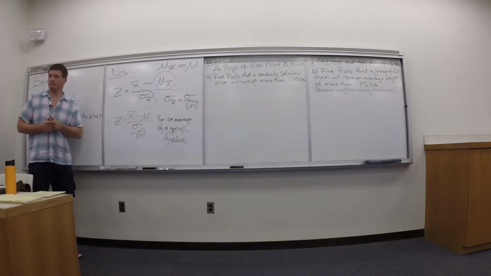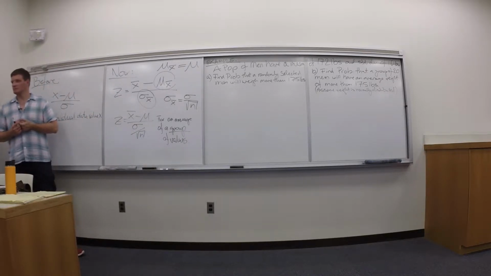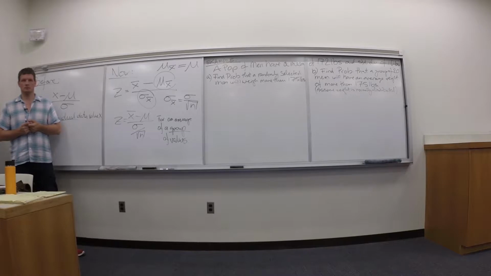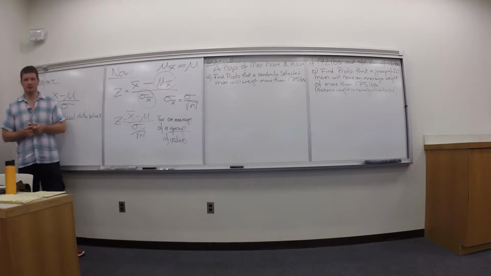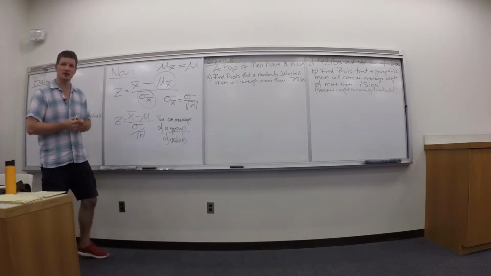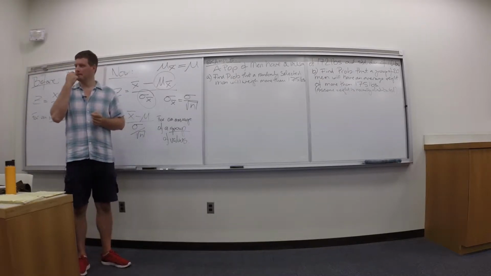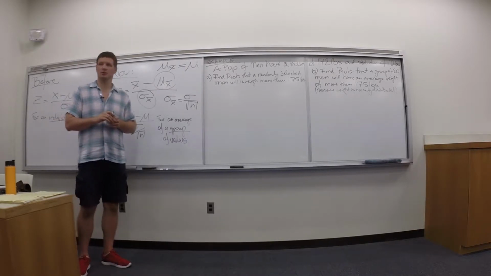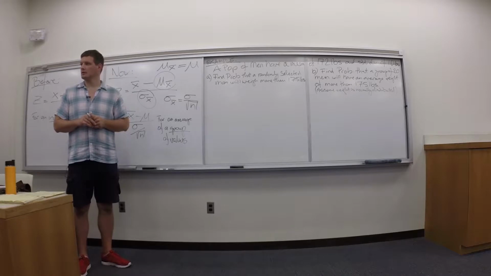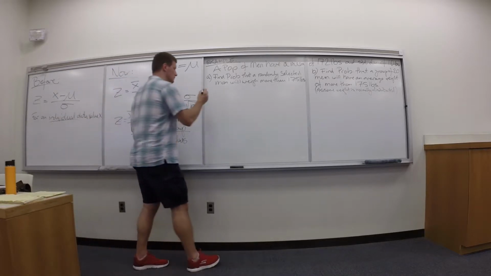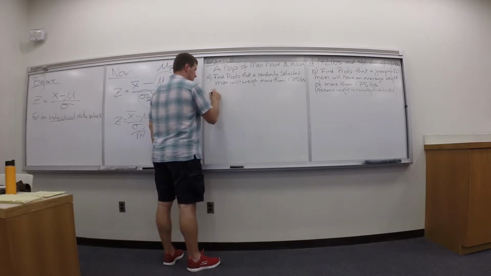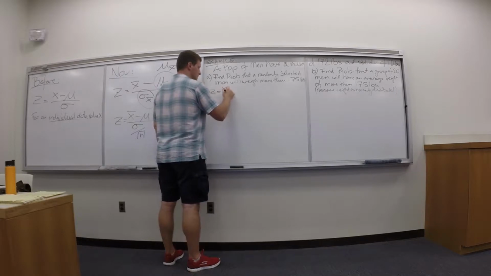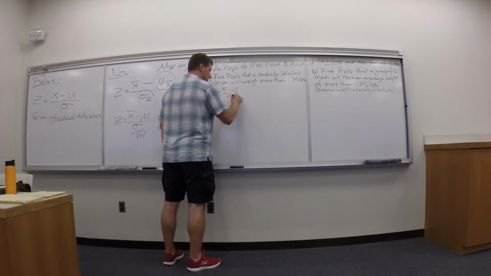Can we solve A? The answer is of course we can. We did it 2 weeks ago. We are so good at it. So let's solve A. How do we solve A? Well, step 1 is what? Z-score. So the z-score is x minus mu divided by sigma.